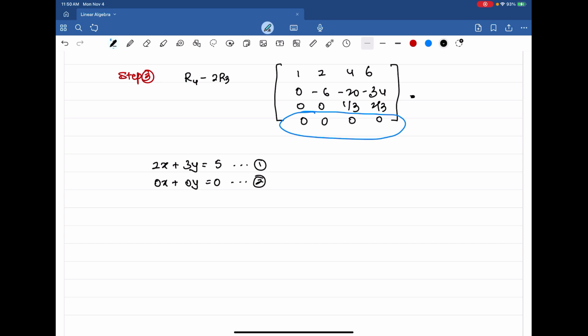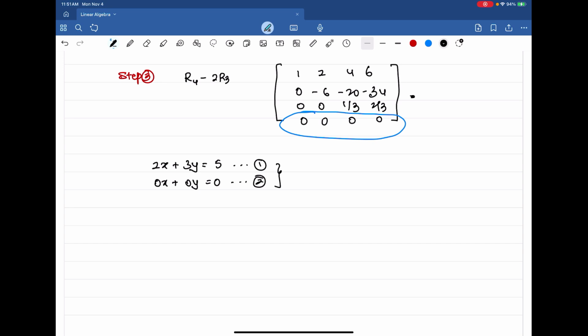This is what is happening in the previous example, this 4 by 4 matrix. One row is totally 0. This system has a solution, but it has infinite solutions.